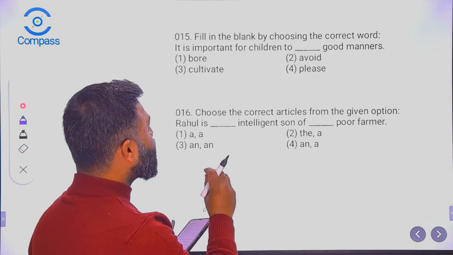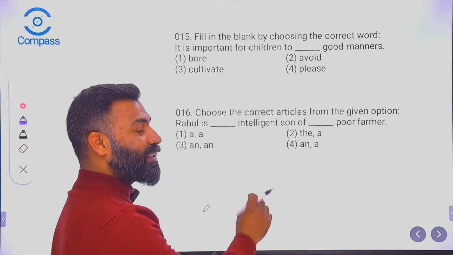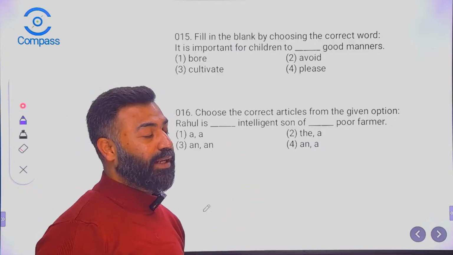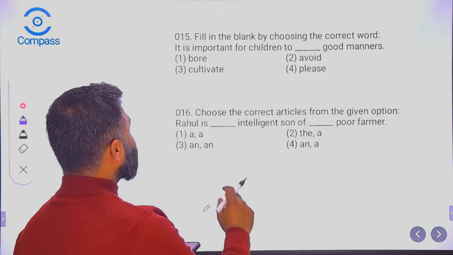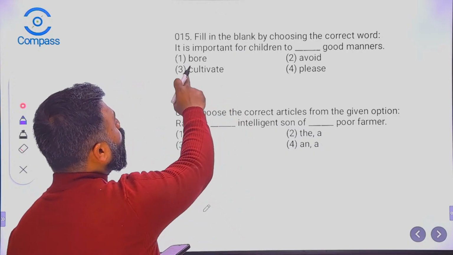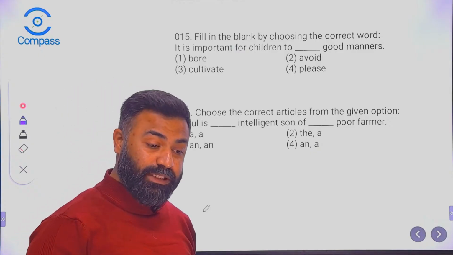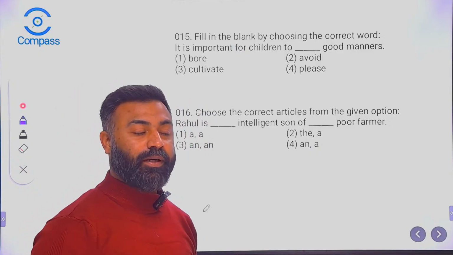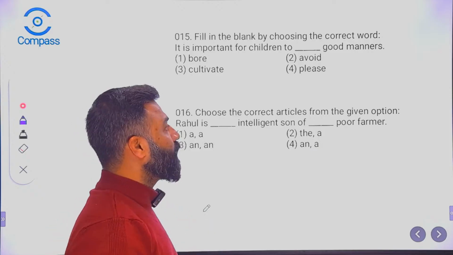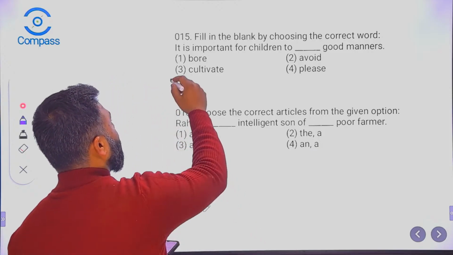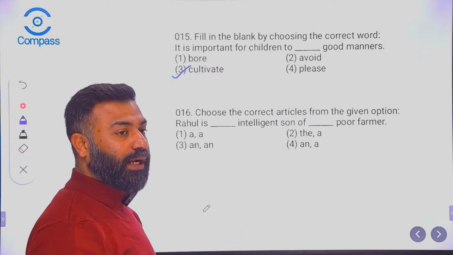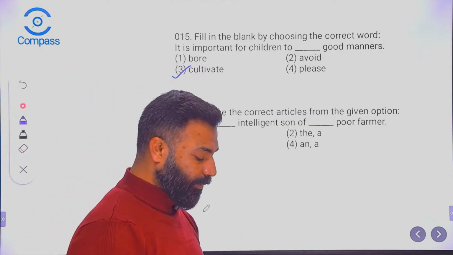Okay, it is important for children to please good manners. No, it does not make any relevance here. It is important for children to bore good manners. No, bore means to penetrate something, to go through something. It cannot be bore, but it has to be cultivate. Okay, we cultivate good manners, right?